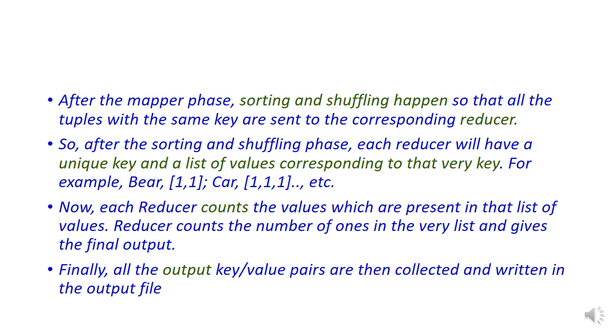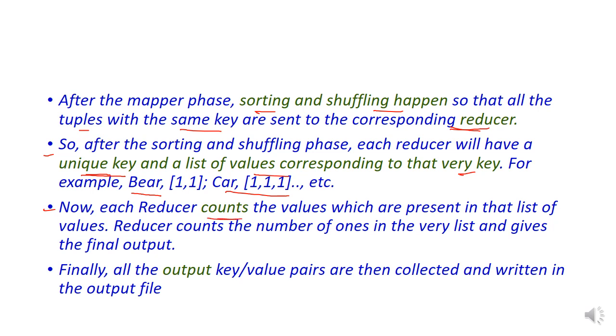After the mapping phase, we have sorting and shuffling. Here, tuples with the same key are sent to the corresponding reducer. That is, after sorting and shuffling, the reducer will have a unique key and a list of values corresponding to that key. For example, we have bear 1, 1, and car 1, 1, 1.